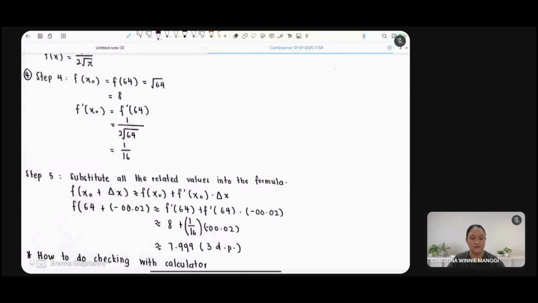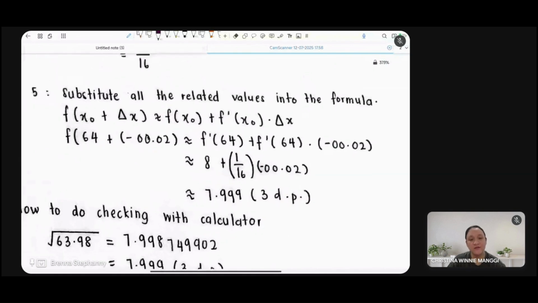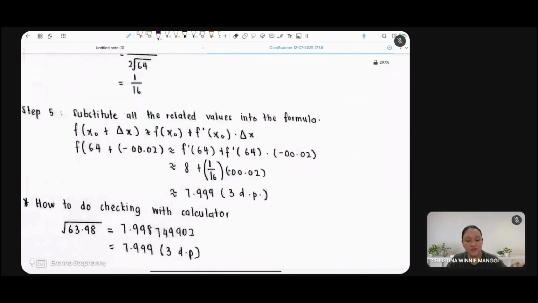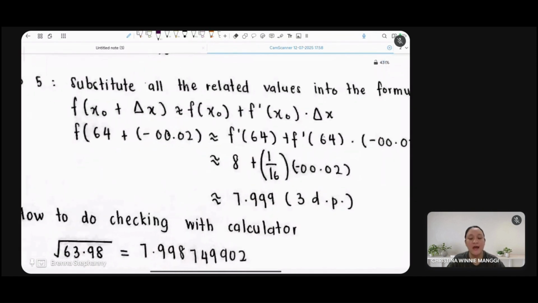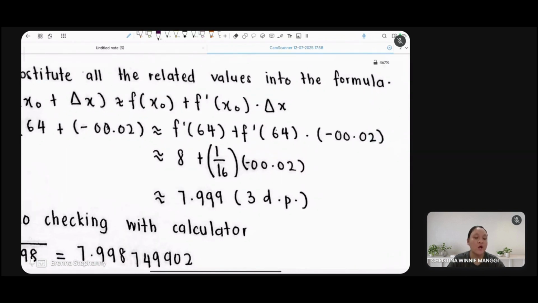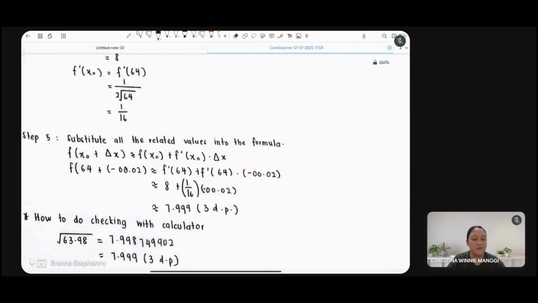So for step 5, we need to substitute all the related values into the formula. The given formula is f(x plus delta x) approximately equal to f(x) plus f prime(x) multiplied by delta x. So all the values we got earlier, we substitute into this formula where we get f(64 plus minus 0.02) approximately equal to f(64) plus f prime(64) multiplied by minus 0.02.